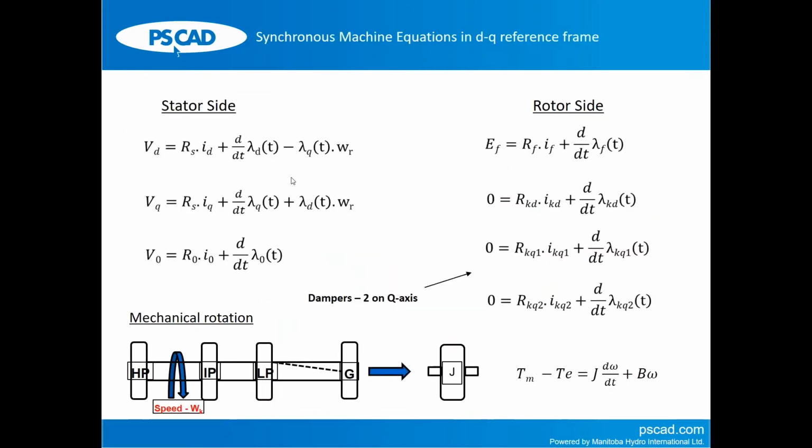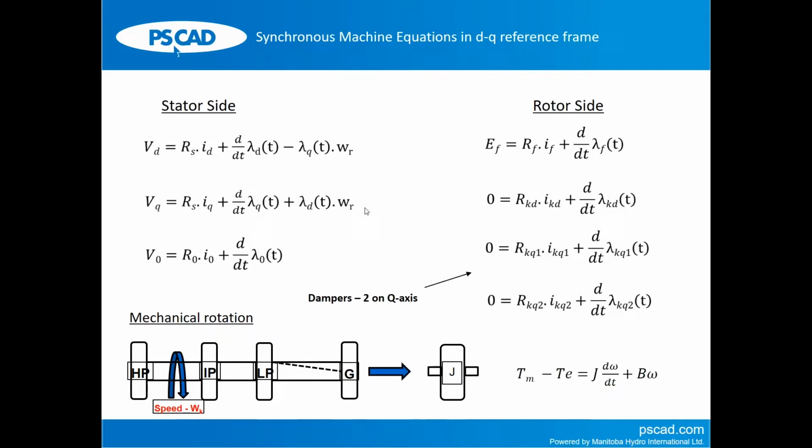Here you convert ABC to DQ0, solve the equations in the DQ0 domain and reconvert back to ABC using the inverse DQ0 transformation. Whether you do this or that, you should get the same answer. Remember, it's a linear transformation.